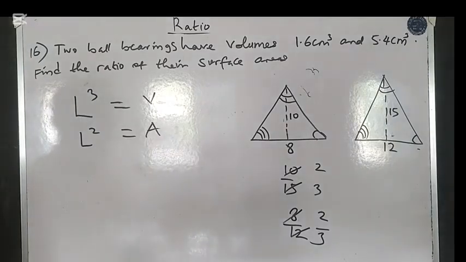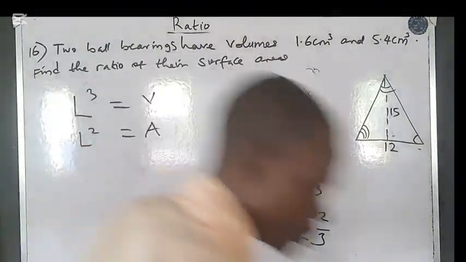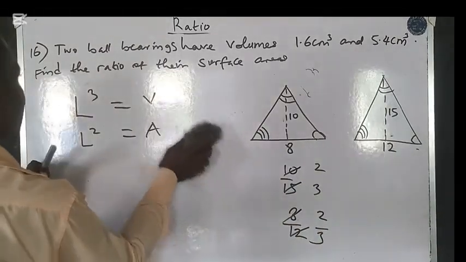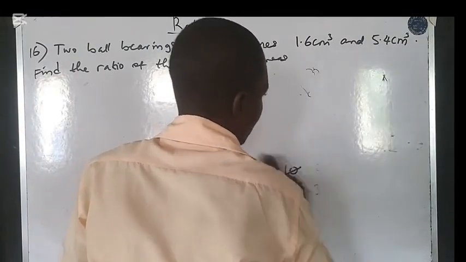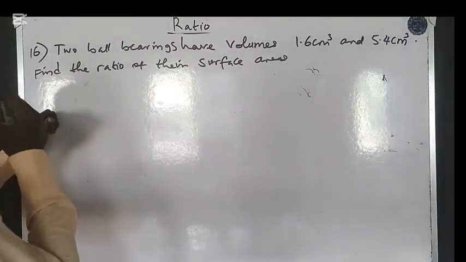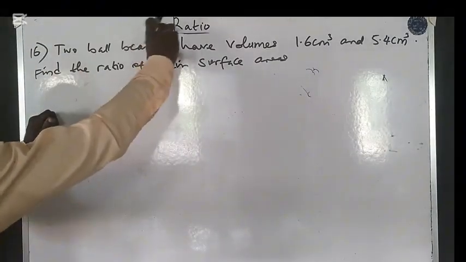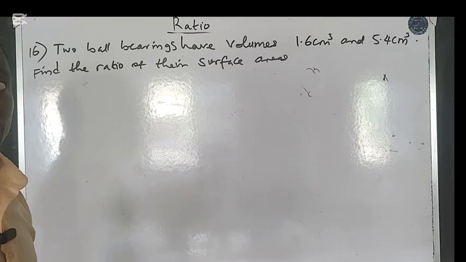Is that okay? So we are given volume here. Let's apply the formula that we know. Since they're talking about ball bearings, they will be spheres, right? They will have radius.